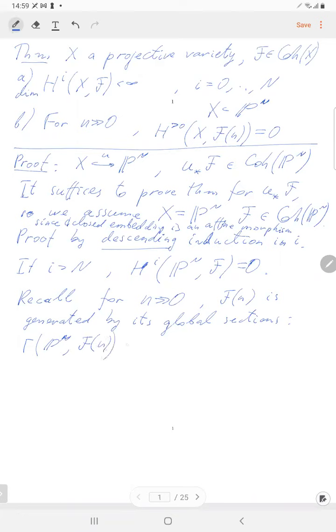These global sections form a finite dimensional vector space, tensor the structure sheaf, and there is a surjective morphism to F(n).